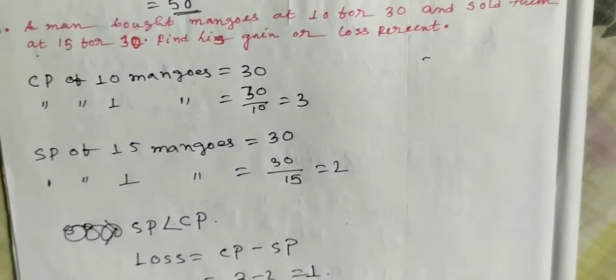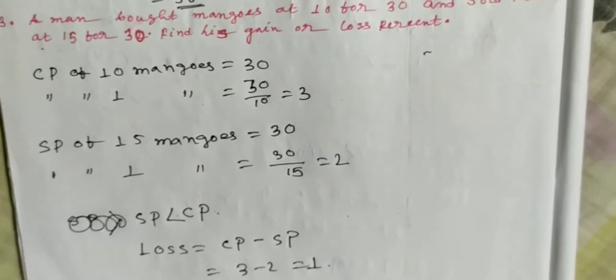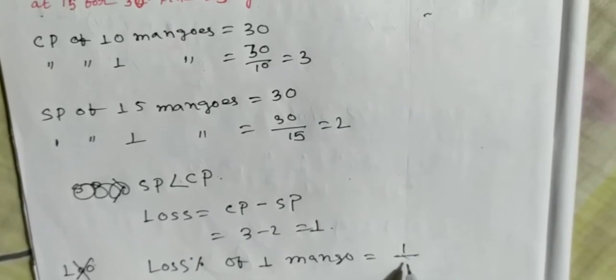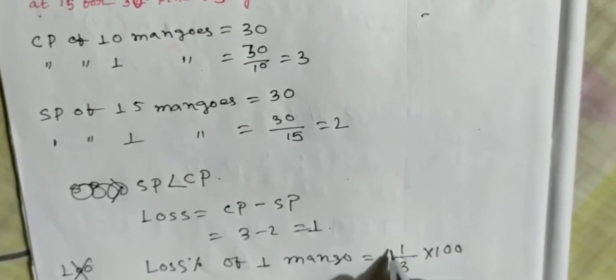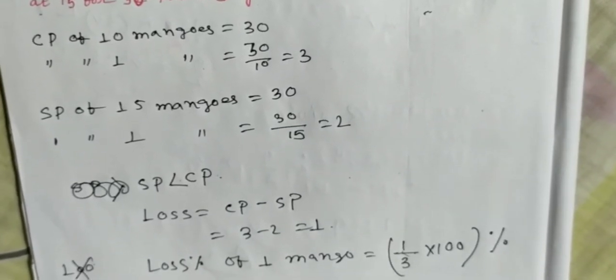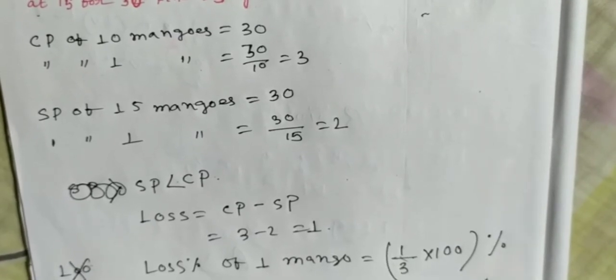Therefore, loss percentage of one mango is equal to 1 by 3 into 100%, which is equal to 33.333%.